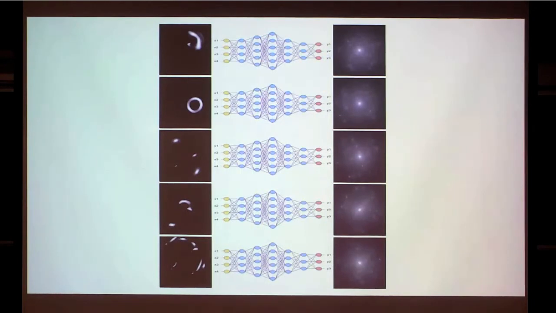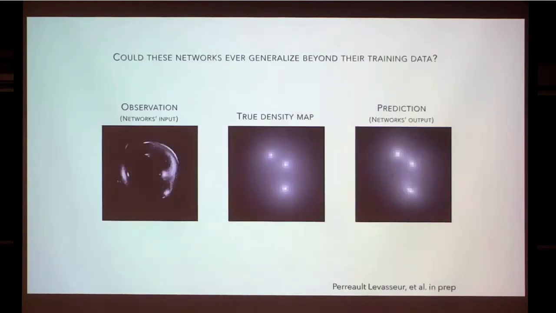This is one example of this actual work. This is the lens image of the background source. There are 3 galaxies doing the lensing, so it's a complicated thing, and this is the prediction of the neural networks. This is really, really exciting. And if I have time after the talk, I can show you more examples.